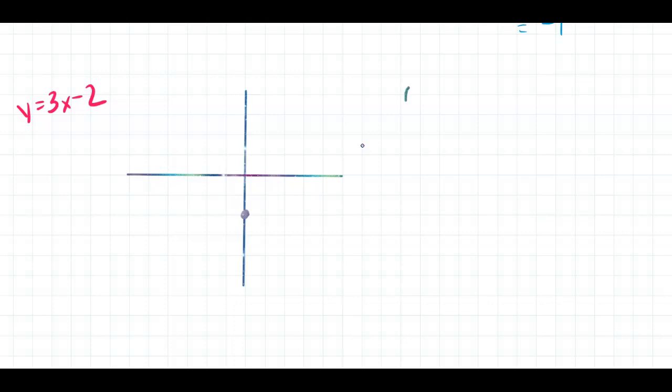So if my slope, rise over run, is 3 over 1, I could also do negative 3 over negative 1, right? So that means I can go positive 3, 1, 2, 3, positive 1. Or I can do negative 3, 1, 2, 3, negative 1. And there's my line.